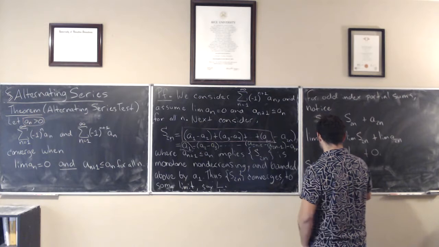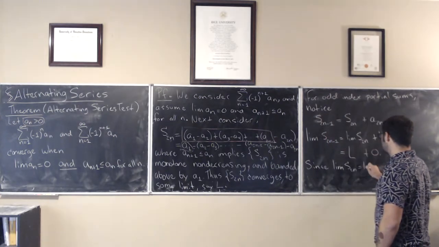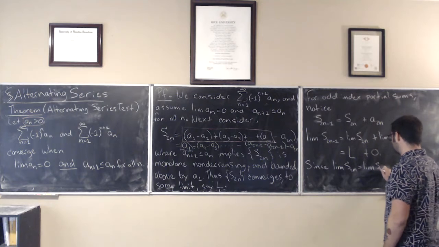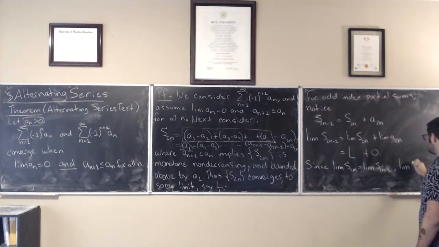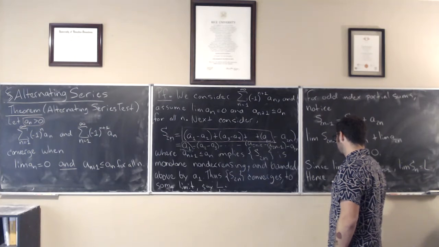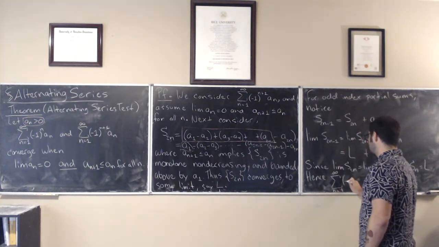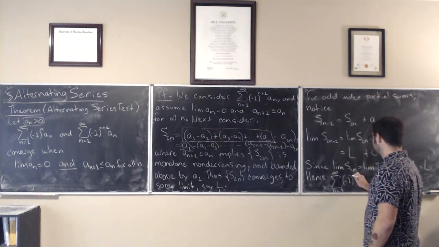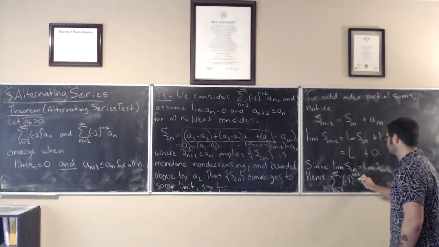So since limit of S of 2n equals limit of S of 2n minus 1, limit of S_n equals L. Hence, the sum from n equals 1 to infinity of minus 1 to the power n plus 1 times a sub n converges as well.